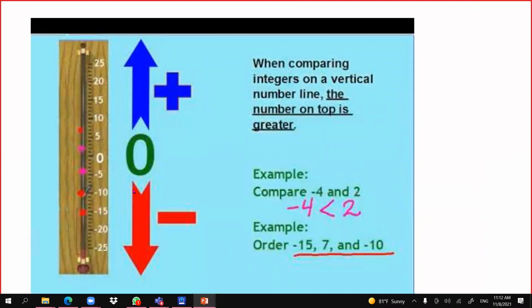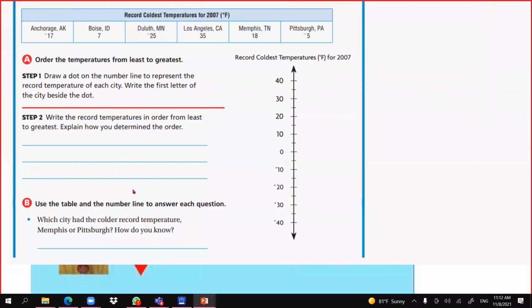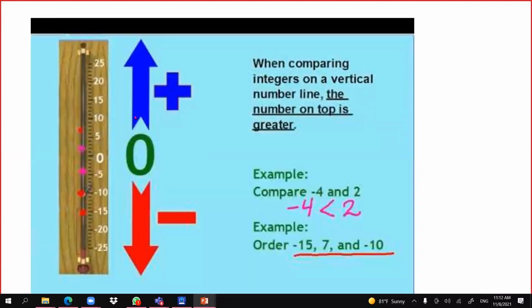Like this one here. This is the vertical number line. It is a number line starting from up to down, and it has numbers like 0, 1, 2, 3. Here we have -1, -2, -3.